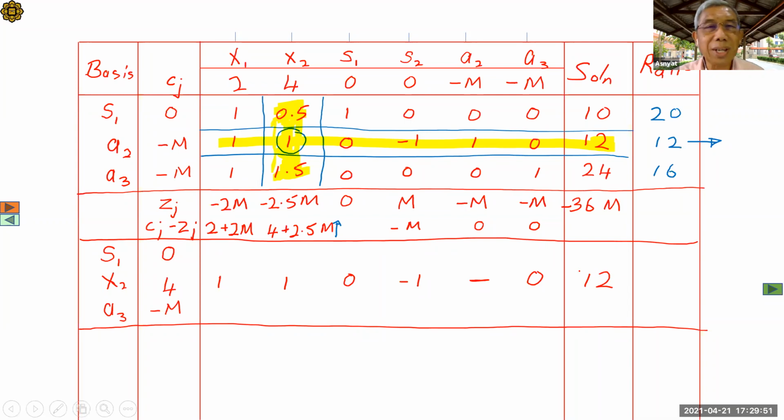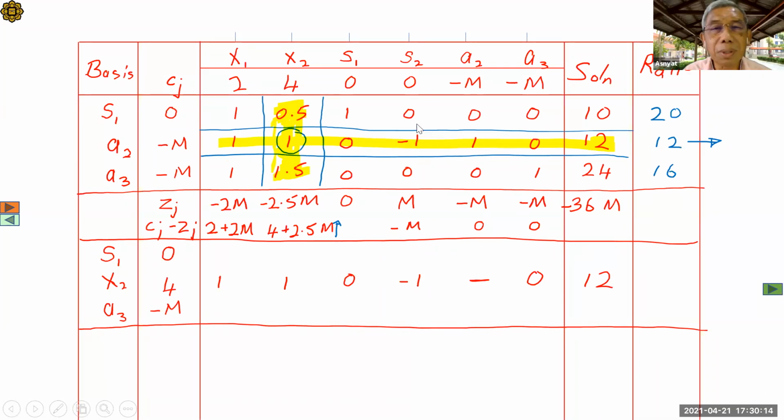Now can someone help find the new row? New row up here. Or do you want to do it together for the first round? What is beside negative 1?